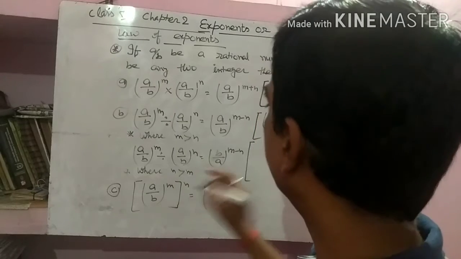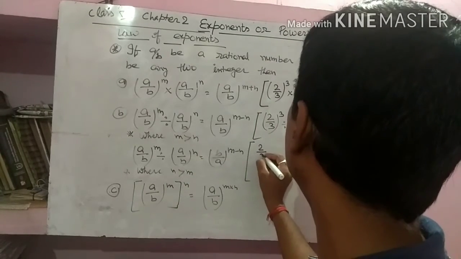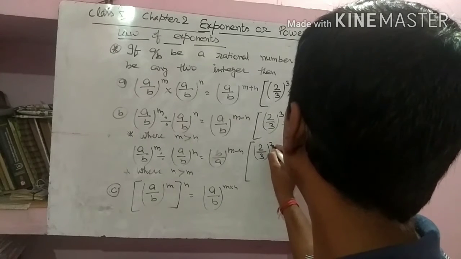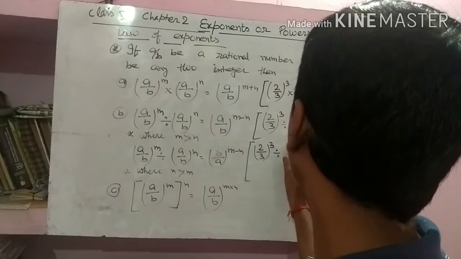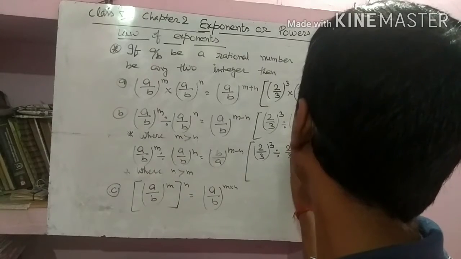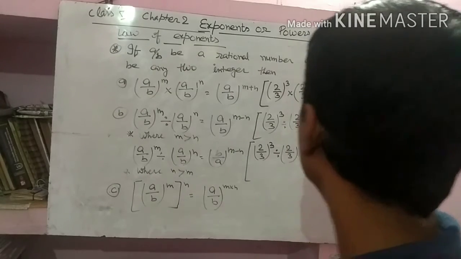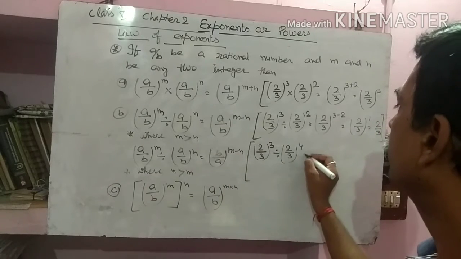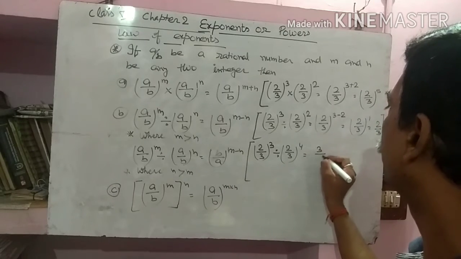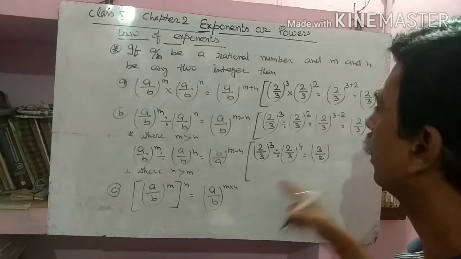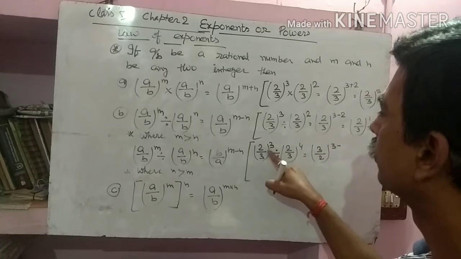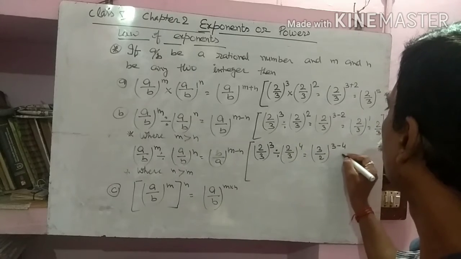In case where n is greater, suppose 2 by 3 to the power 3 divided by 2 by 3 to the power 4. Then what does it say? Just write its reciprocal, meaning we have to write 3 by 2 to the power 3 minus 4.